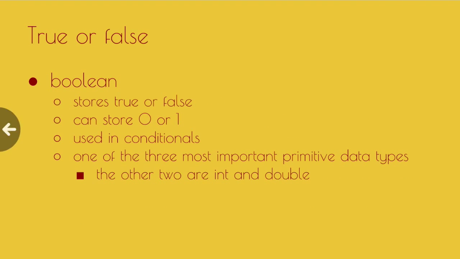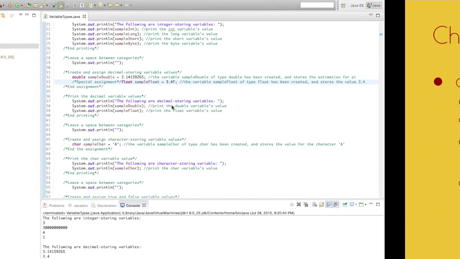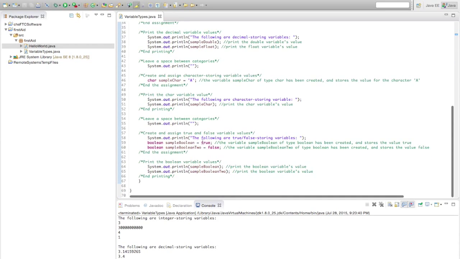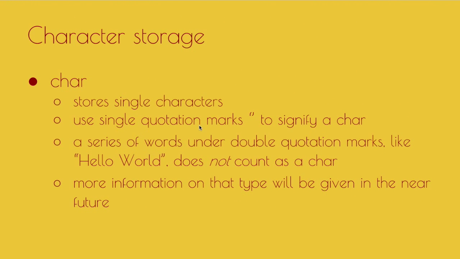And now if we go to character storage, the char, or the character variable type, stores single characters. As you can see here, it stores the value of A, and you use single quotation marks as signaled here.